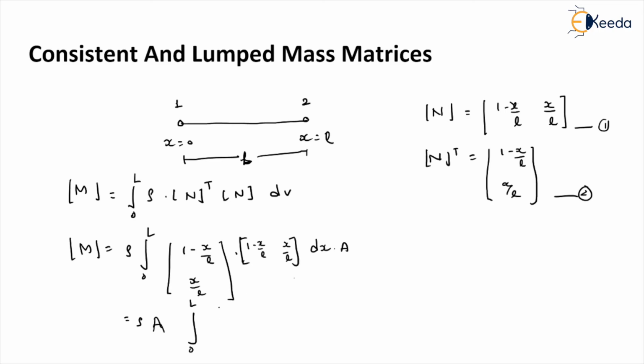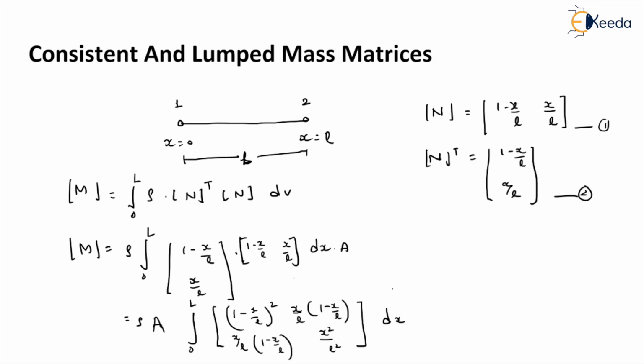If we do the multiplication, it will be 1 minus x by L whole square, x by L into 1 minus x by L, x by L into 1 minus x by L, x square divided by L square, into dx.